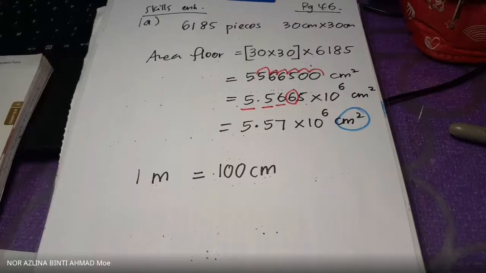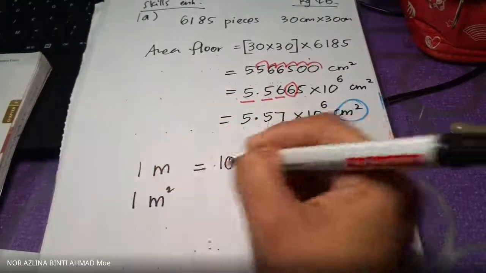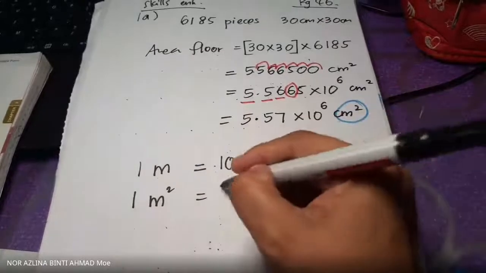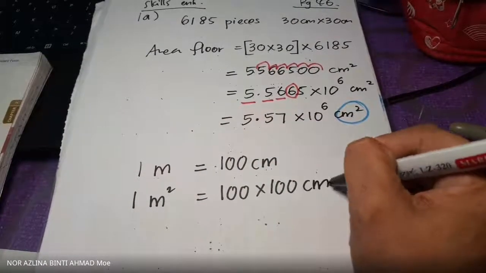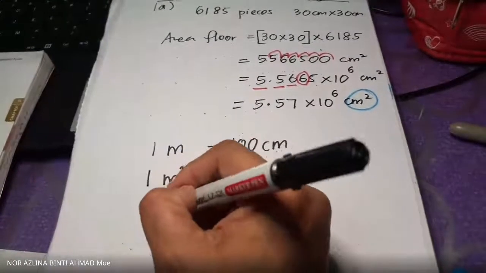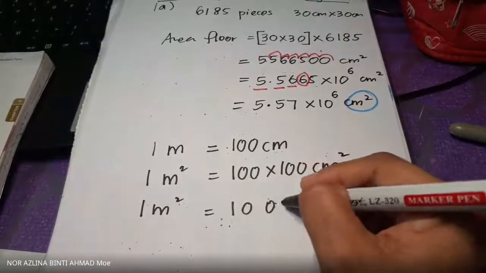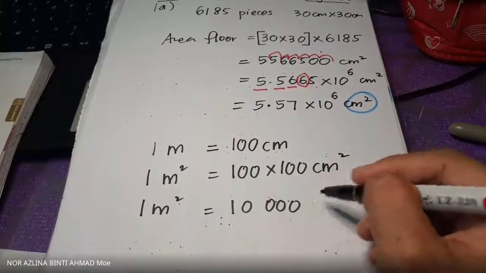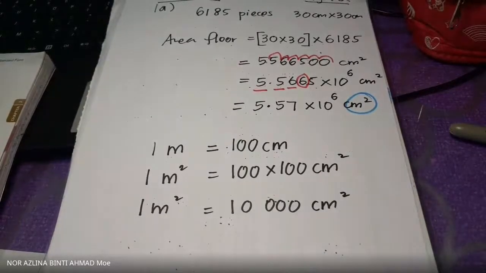Okay. Now, 1 meter squared equal to 100 times 100 cm squared. So 1 meter squared, we know this is 1, 2, 3, 4. 1 meter squared equal to 10,000 cm squared.